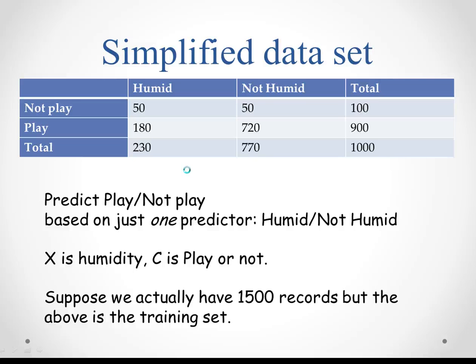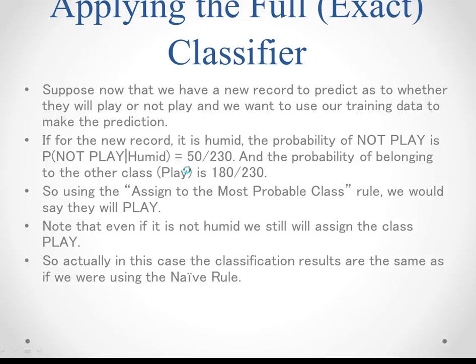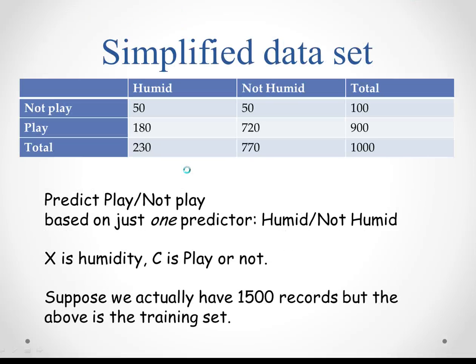So actually, whether it's humid or not, we're going to predict that they're going to play, according to this rule. Everyone agree with that so far? Okay. So note that even if it is not humid, we still will assign the class play. So actually in this case, the classification results are the same as using the naive rule. Because what would the naive rule give us here?